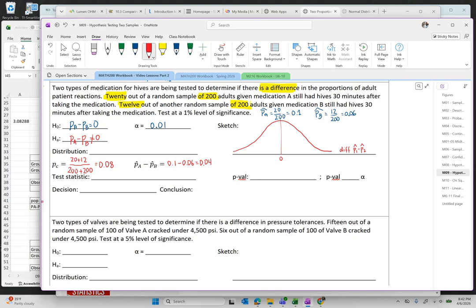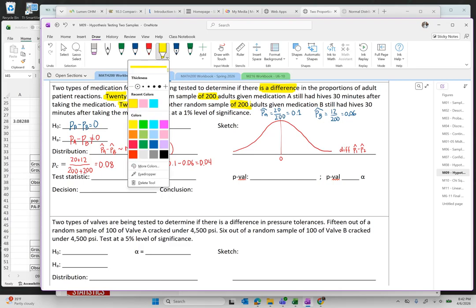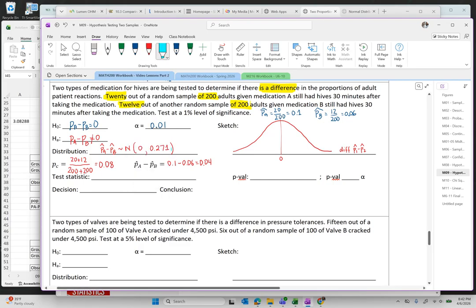that the distribution of PA hat minus PB hat follows a normal distribution with a theoretical mean of 0, which is the theoretical difference of the two proportions, and the standard deviation of 0.0271. And this one we will highlight to investigate later in Excel.